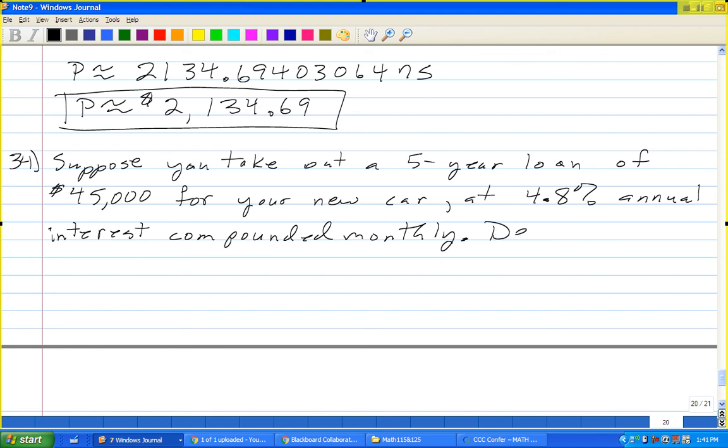Determine your monthly payments on this car loan.